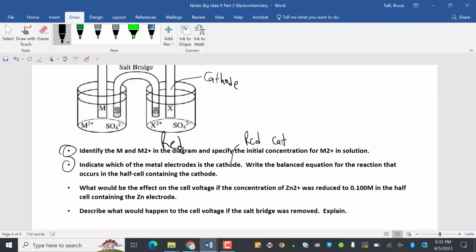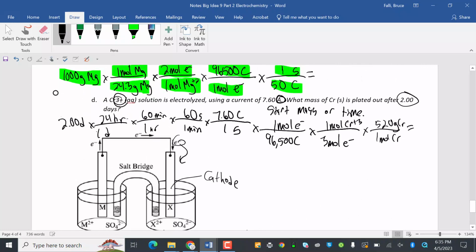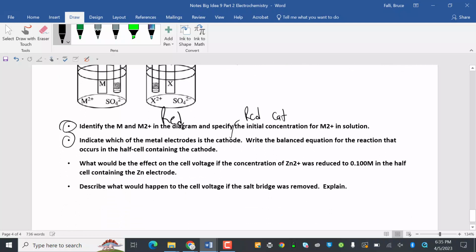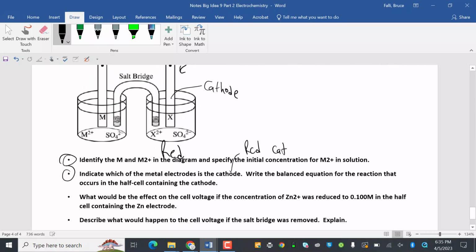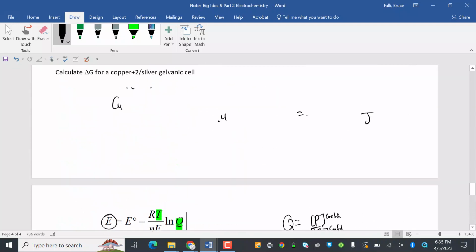What would be the effect on the voltage if the concentration of zinc plus 2 was reduced? Oops, we've got zinc plus 2 and 0.1 half cell containing the zinc electrode. So I'm going to make up this reaction, okay? So let's say that this is the zinc. Didn't we just do a zinc and silver one up here? We just did one. I'll steal that.